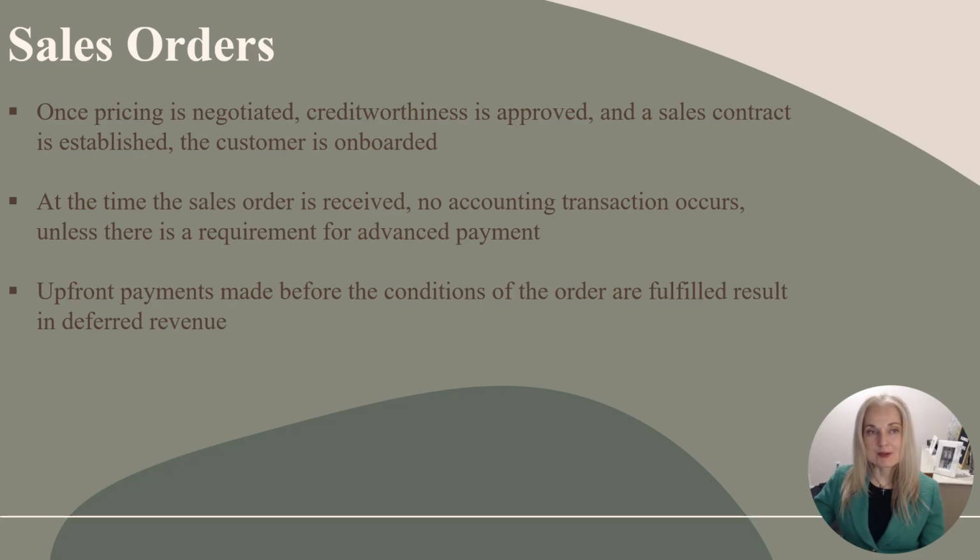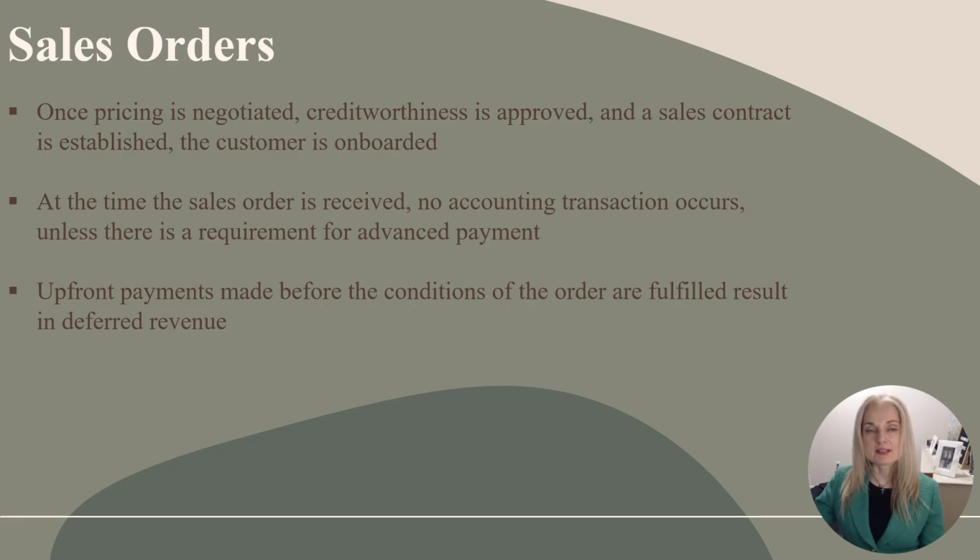Sales orders. So once you negotiate your price, your creditworthiness is approved, a sales contract is established, you need to onboard the customer, make sure that they're entered into your customer table as well as their credit terms and negotiated price.